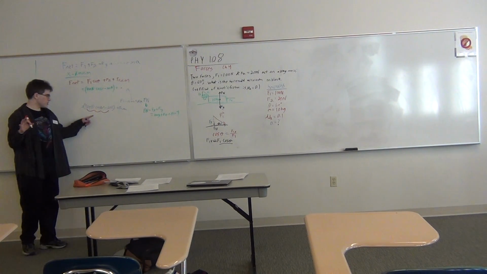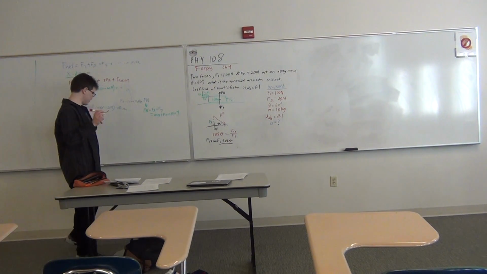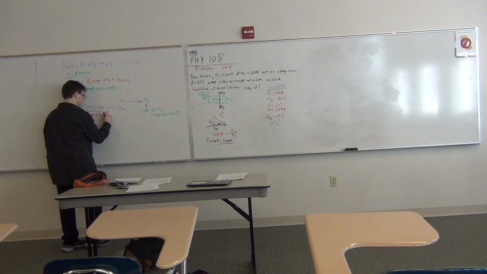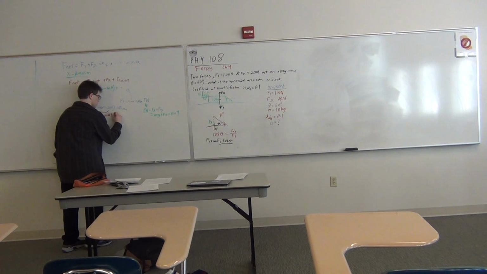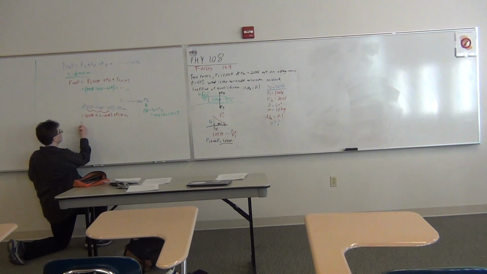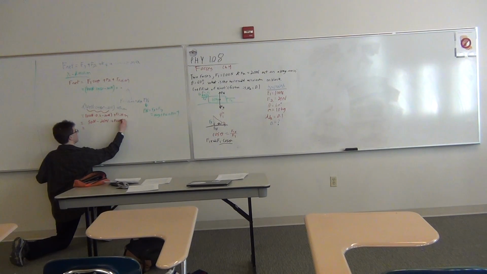Does someone have cosine of 60? 0.5. Okay? This becomes 50 minus 20, which becomes 30.